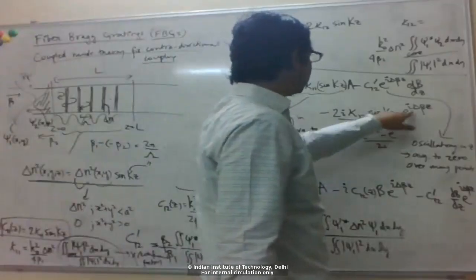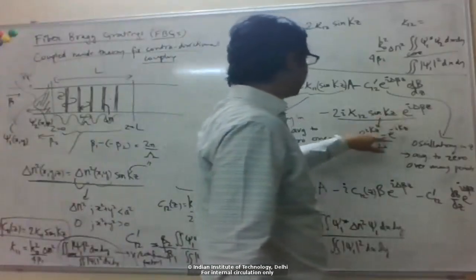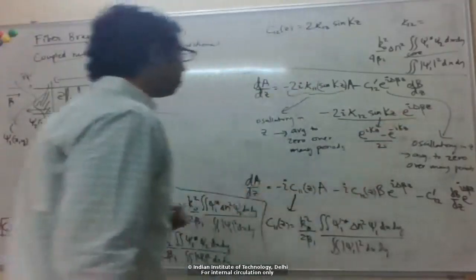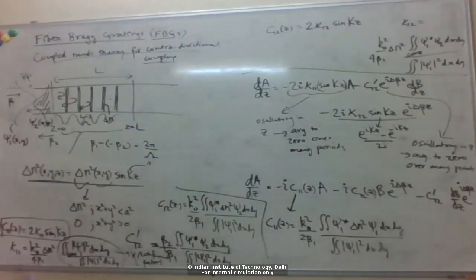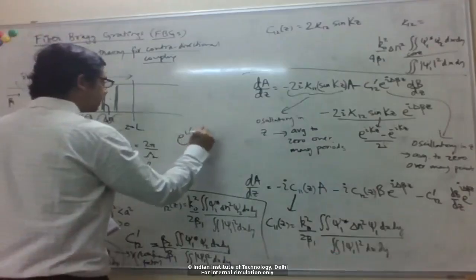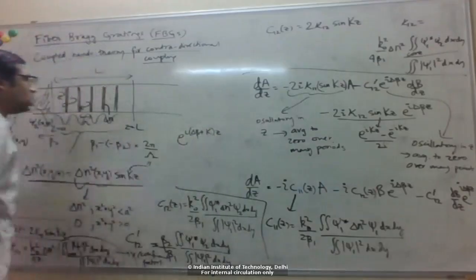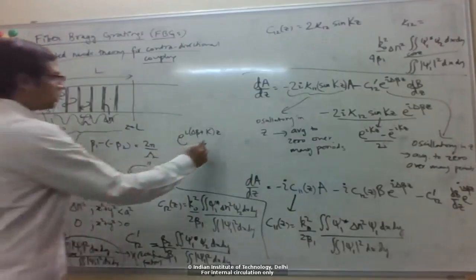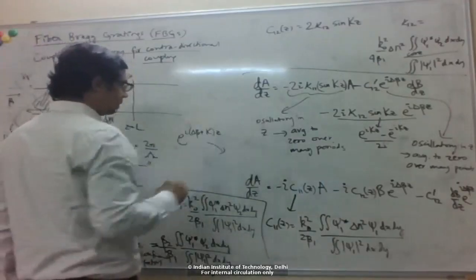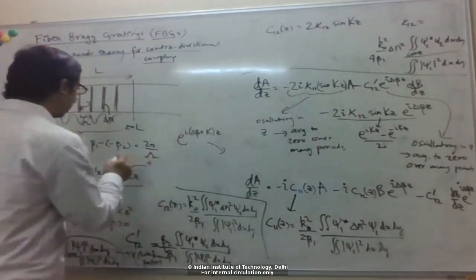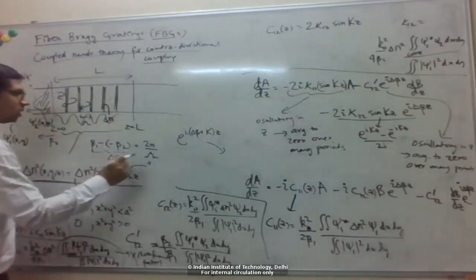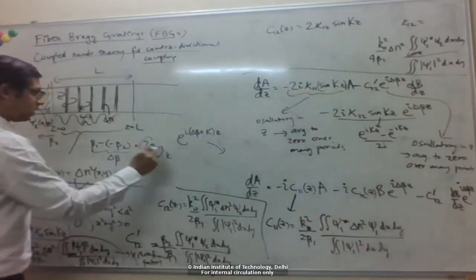One will be e to the I delta beta plus capital K. The other will be e to the I delta beta minus capital K. If you look at the e to the I delta beta plus capital K term, this is also oscillatory in Z, oscillating with Z at a fast rate. Recall that delta beta is beta 1 plus beta 2, and this capital K is 2 pi over lambda.